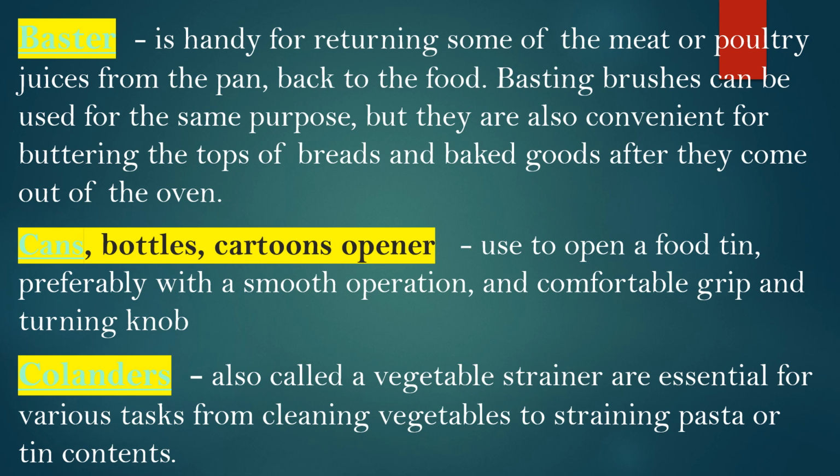It is handy for returning some of the meat or poultry juices from the pan back to the food. Basting brushes can be used for the same purpose, but they are also convenient for brushing the tops of breads and baked goods after they come out of the oven.